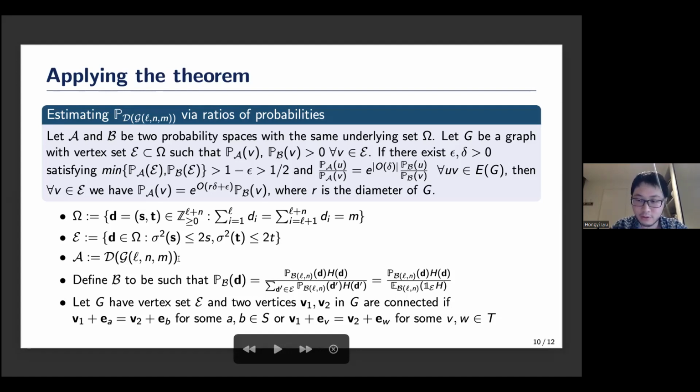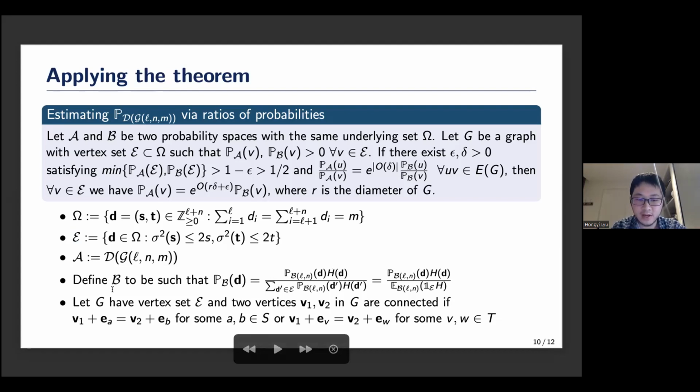And it can also be shown that with high probability, the variances of both sides can be bounded by twice their average degree, hence the construction of the subset E. And for B, we can see that the probabilities in this space are just the probabilities in the binomial space defined before, multiplied by the correction factor H.